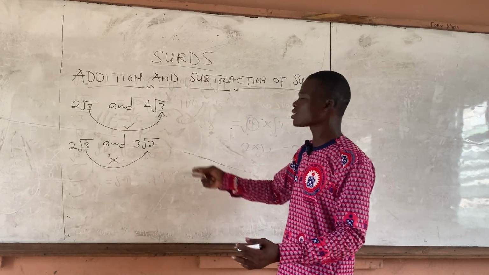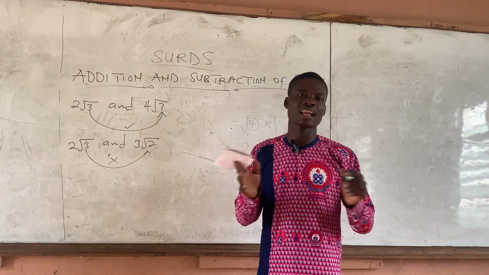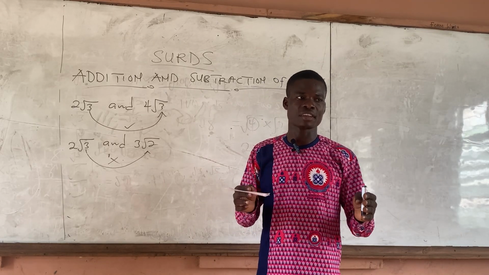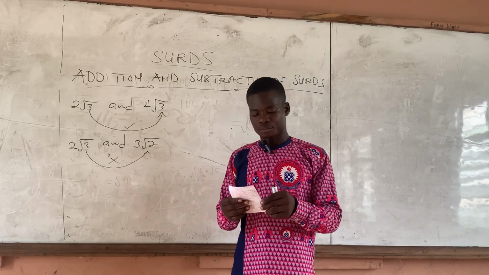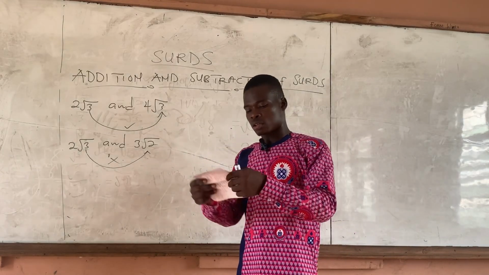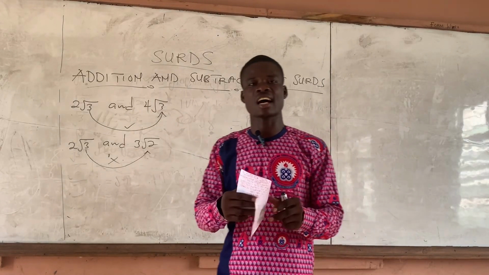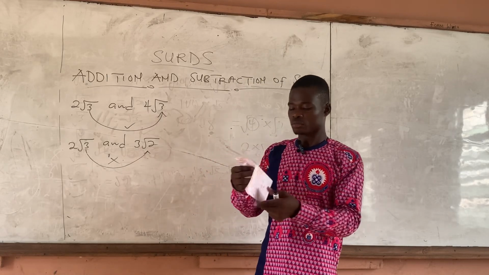We only add or subtract sets if and only if they are alike, or they are of the same form. So now, let's move on to solve some questions under addition and subtraction of sets.